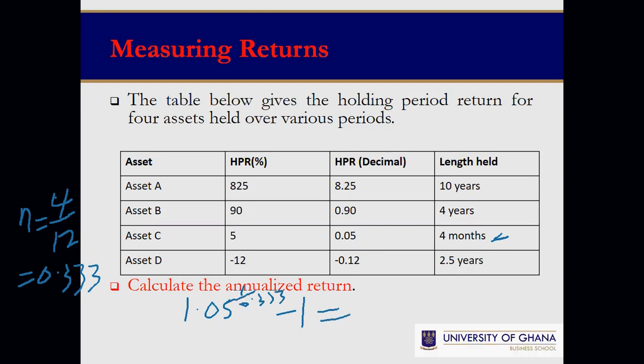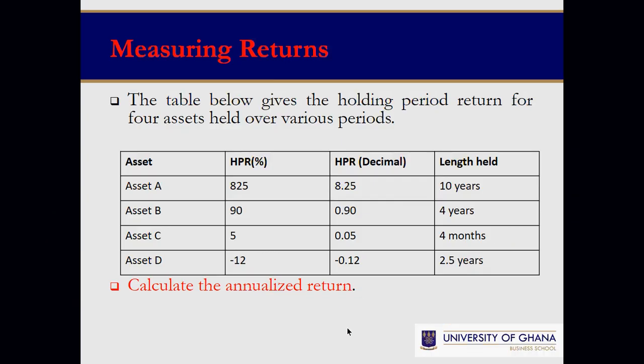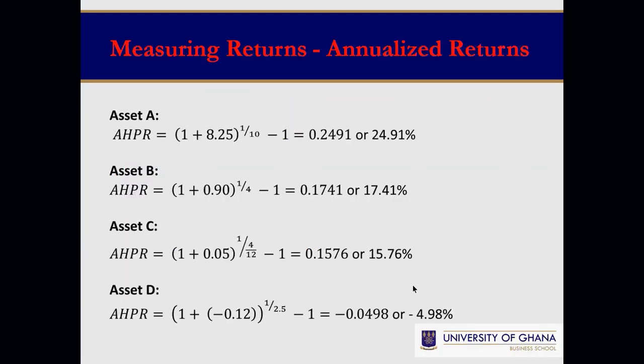In total, we are getting 1.05 raised to the power 1 over 0.3333, which gives 15.76%. So you see, it's very simple in here. Let's dive deeper. So that's what they solved here.